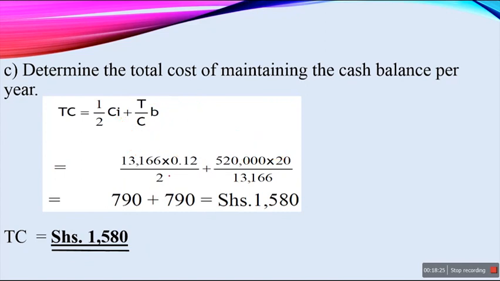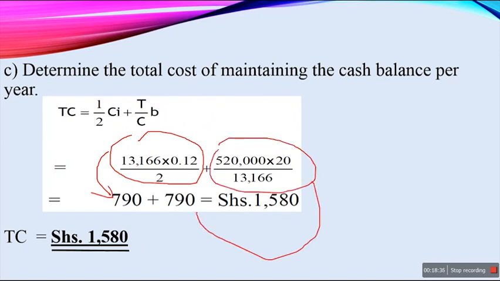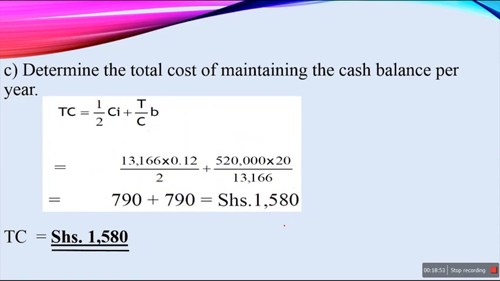So this part here will give us 790, and this other part here will also give us 790. So on addition, you get 1,580. So the total cost of maintaining the optimal cash balance is 1,580 shillings.